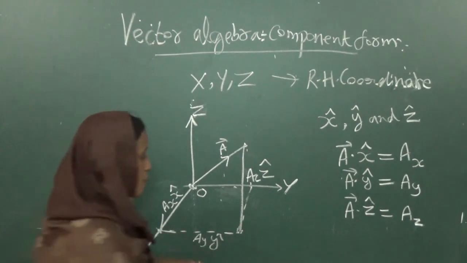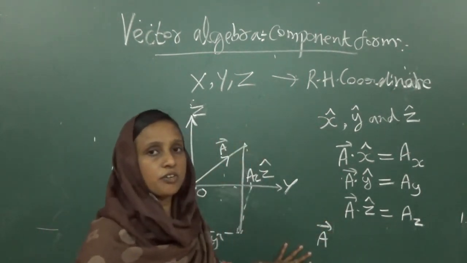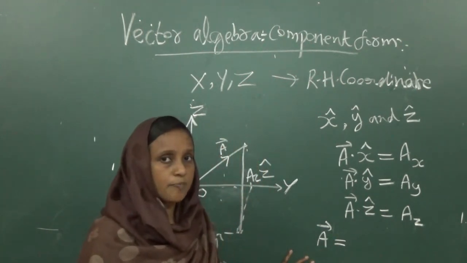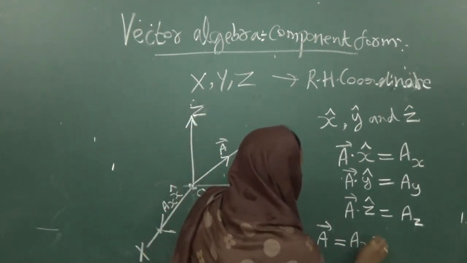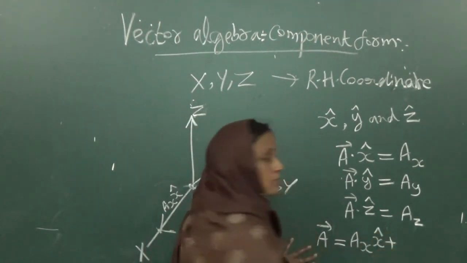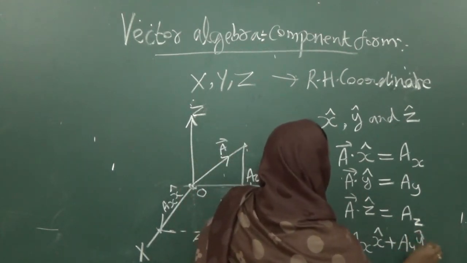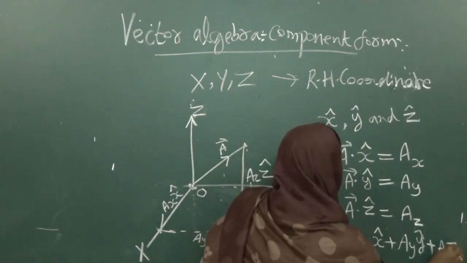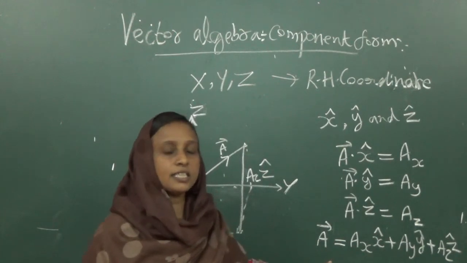So we can represent the abstract vector A in the right-handed Cartesian coordinate system as Ax x cap plus Ay y cap plus Az z cap. This represents vector A.